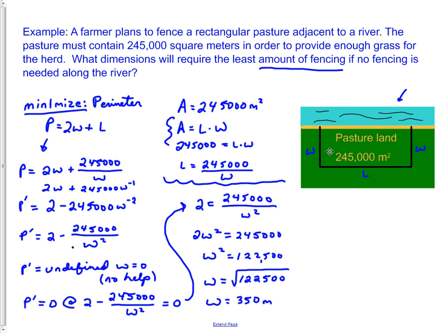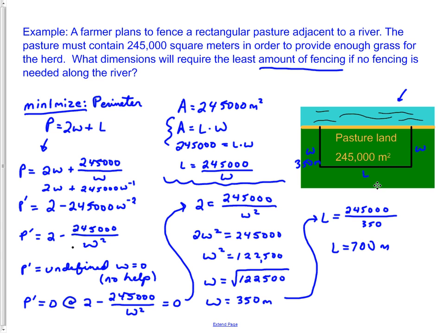That's getting somewhere, because if the width now has to be 350 meters, what does the length have to be? Well, this is where we go back to our formula for the area. We were told that the area has to be 245,000, so the length is going to be 245,000 divided by 350, and lo and behold, when you do the division, you come up with 700 meters.